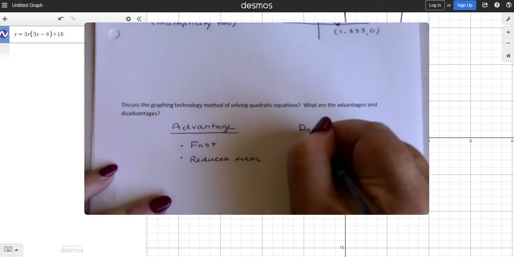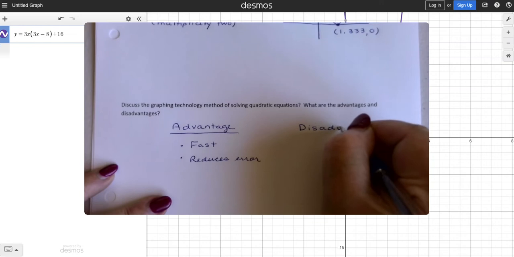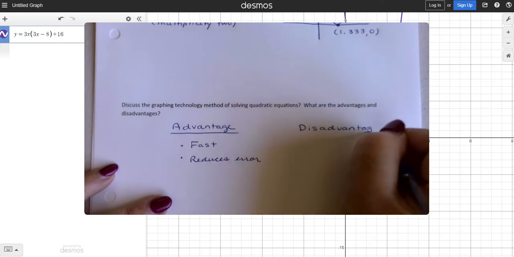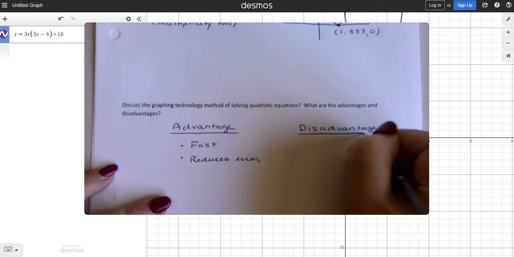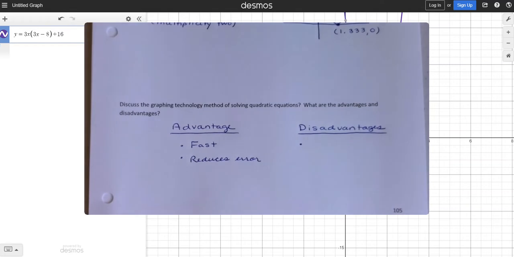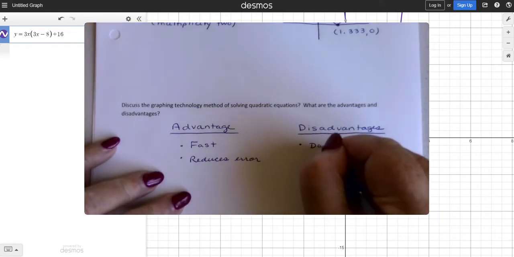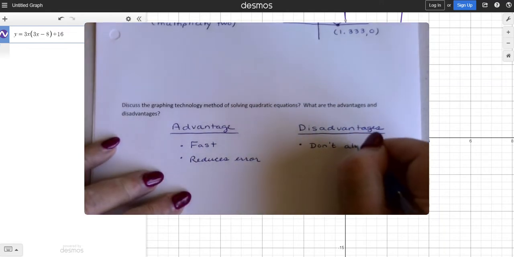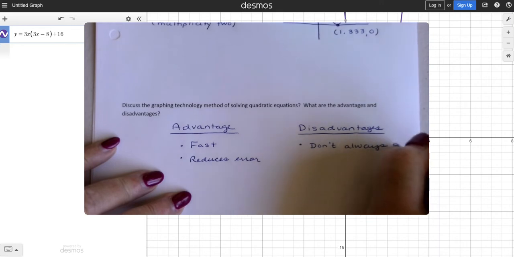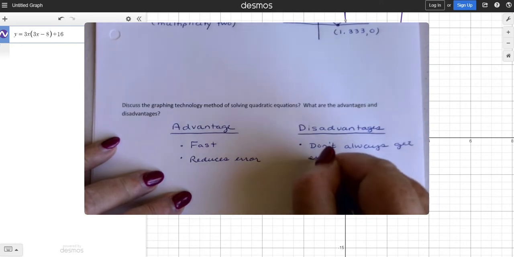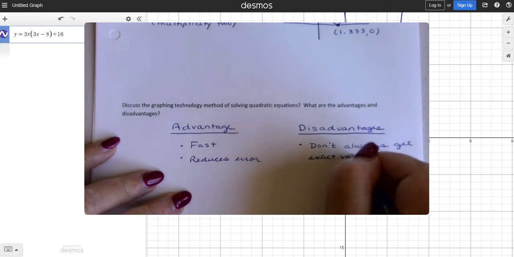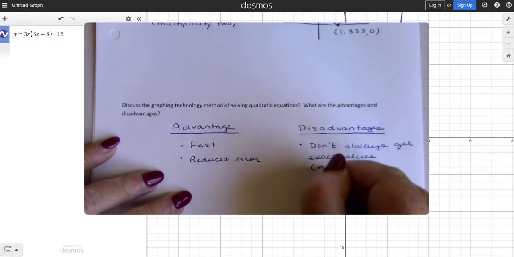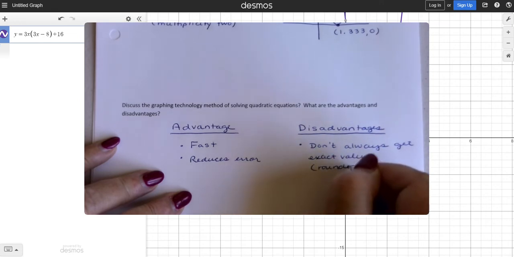There are a couple of disadvantages. We won't get exact values unless they happen to be nice whole numbers or perfect decimals, but we don't always get exact values. We have to be okay with rounded decimals.